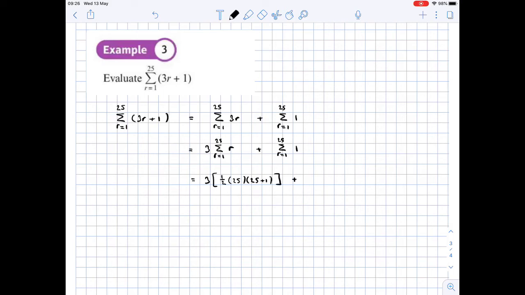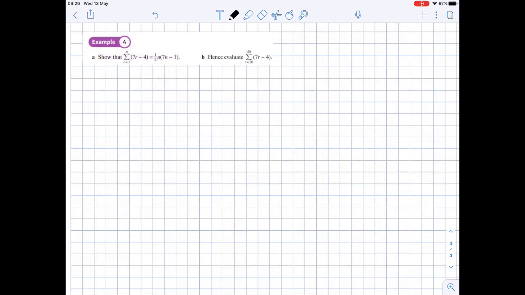And for the second one, well, we know that from previously, if we're just adding 1 each time and we're adding that 25 times, well, that is just add 25. So now we're at the point where we can just add those together. So we get 975 plus 25, which gives us an answer of 1000.